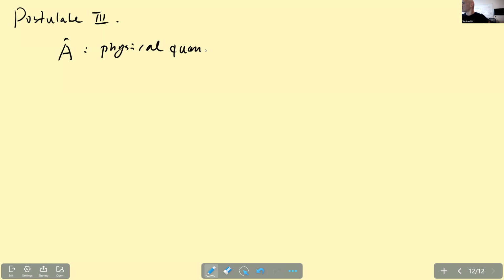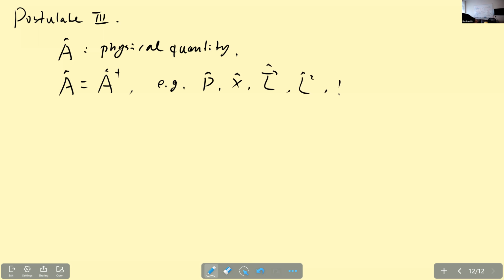And now we say that we have a physical quantity A. So it's Hermitian, right? For example, momentum, position, L, L squared, Hamiltonian, and so on and so forth. These are all physical quantities.